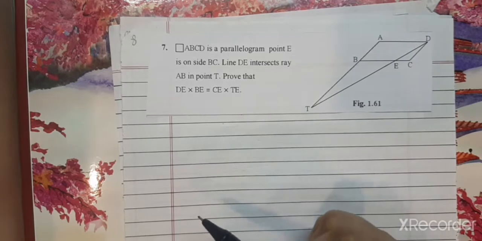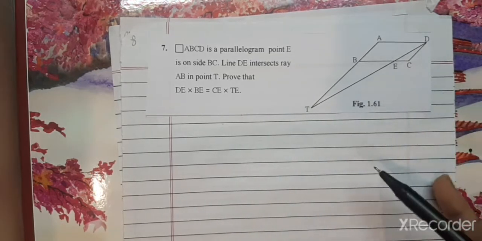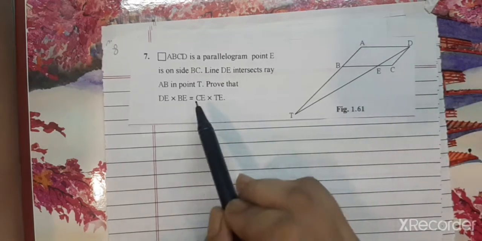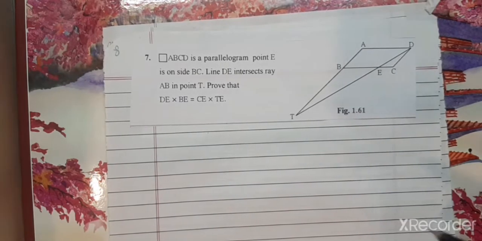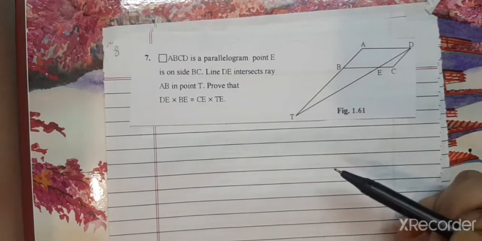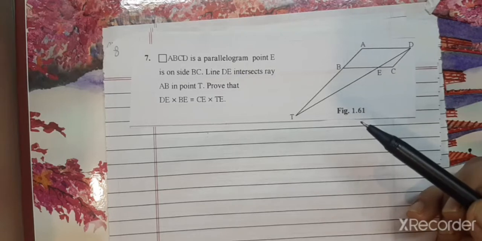So from here also you have to decide that it is something about proving the triangles similar. After that, showing the sides are in proportion, and then when you cross multiply you will get this. So any sum, you first read, you first see what is given and what is asked to find. Also look at the figure, and then you decide what will be your step in order that you come to the conclusion or what is asked.